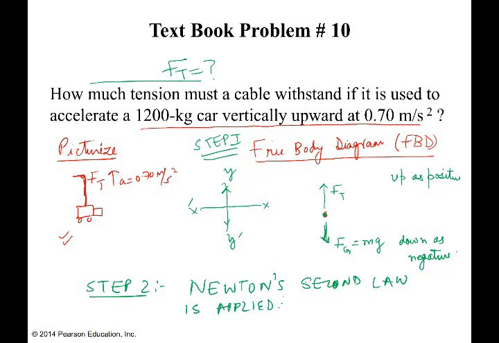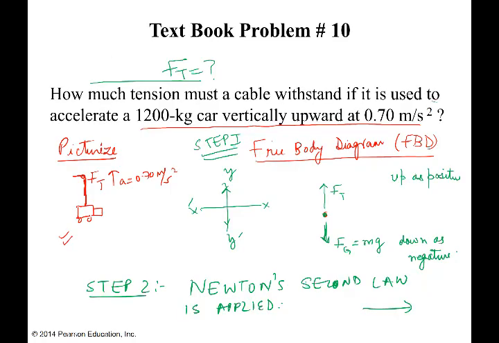So what does Newton's second law tell us? Continuing with step 2, the net force in the y direction is equivalent to mass times acceleration in the y direction, and we already know the acceleration in the y direction is 0.70 meters per second squared.